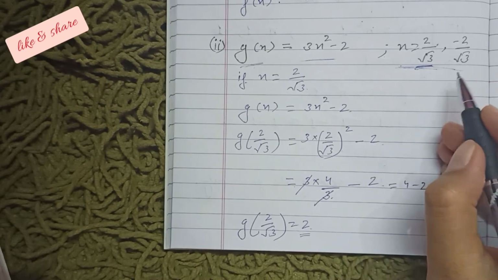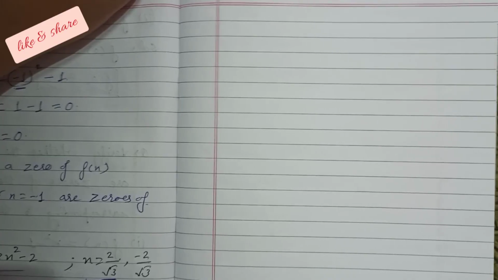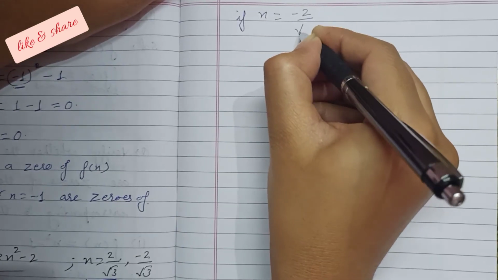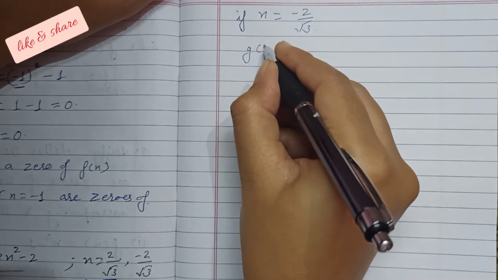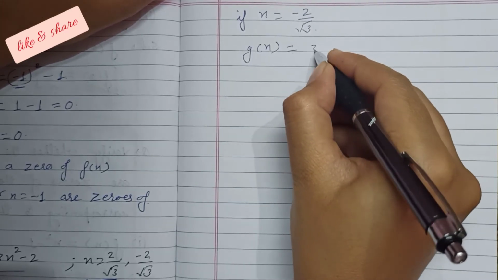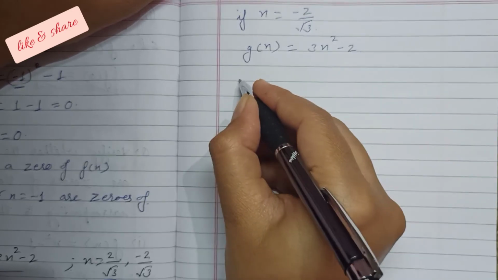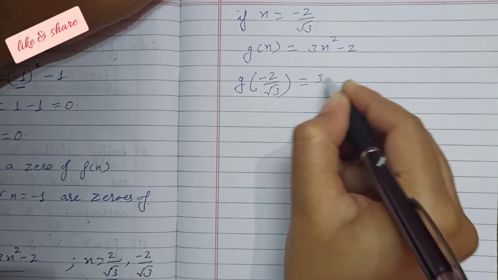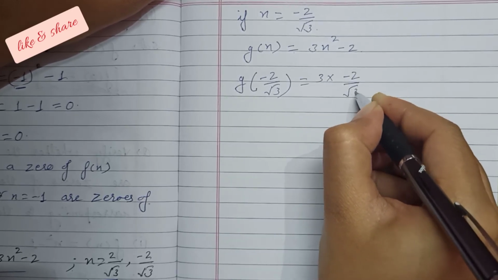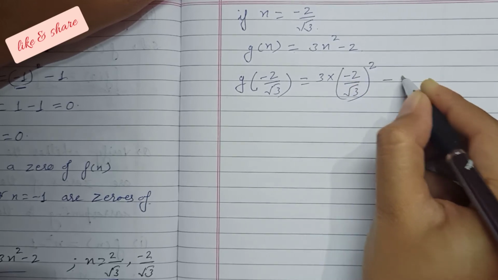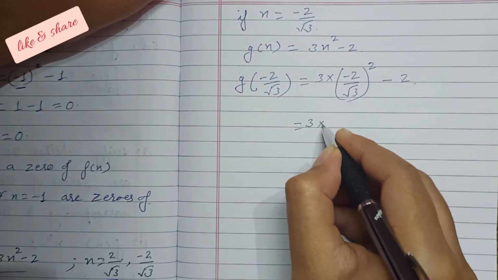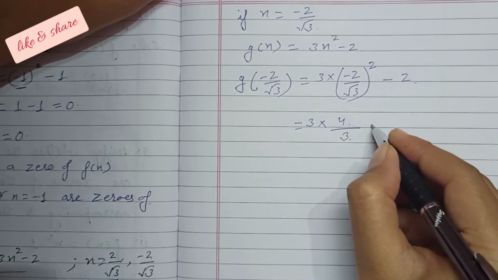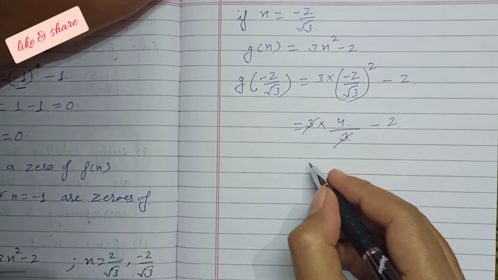Okay, now we will put -2 by root 3. So if x is equal to -2 by root 3, we will put it in place of x in g of x, 3x square minus 2. 3 into -2 by root 3 whole square minus 2 is equal to 3 into -2 square is +4 and root 3 square is 3, minus 2. 3 and 3 will be cancelled out.